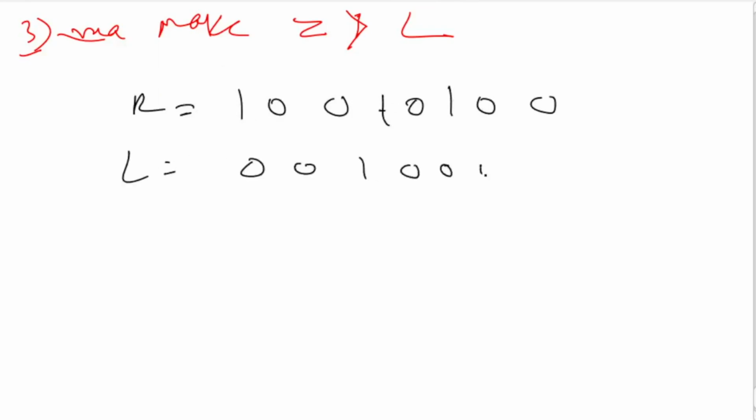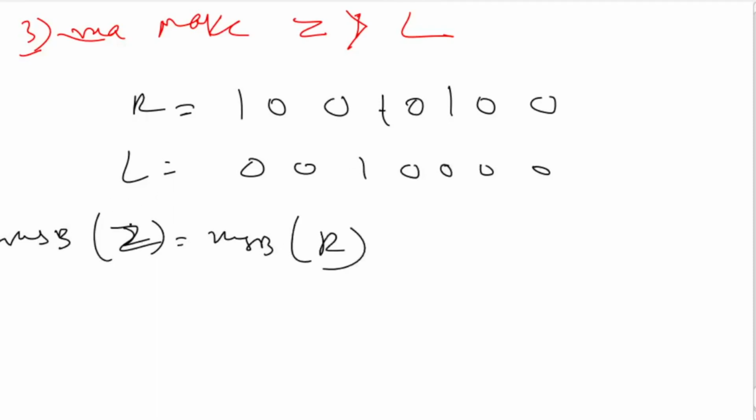So now we have taken MSB of Z equal to MSB of R. So clearly Z is greater than L, so we just need to make Z less than R, and the Z should also satisfy the condition in the question, that is, maximize the value of f(x, y, z). So we'll start constructing. Initially all the bits of Z are 0, so we'll start.